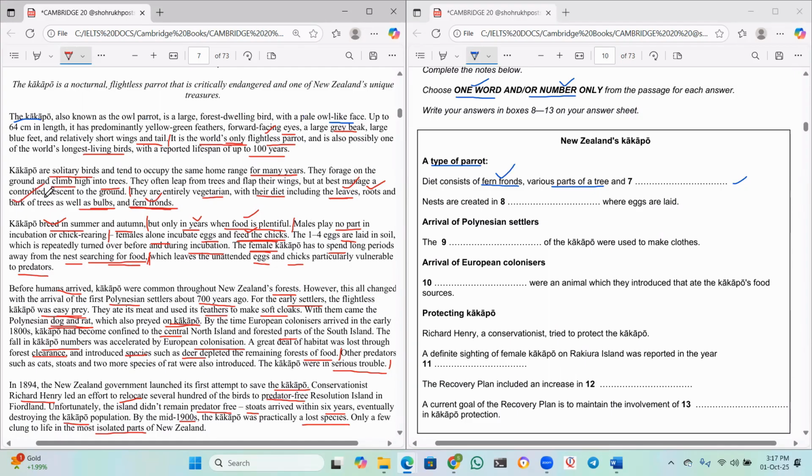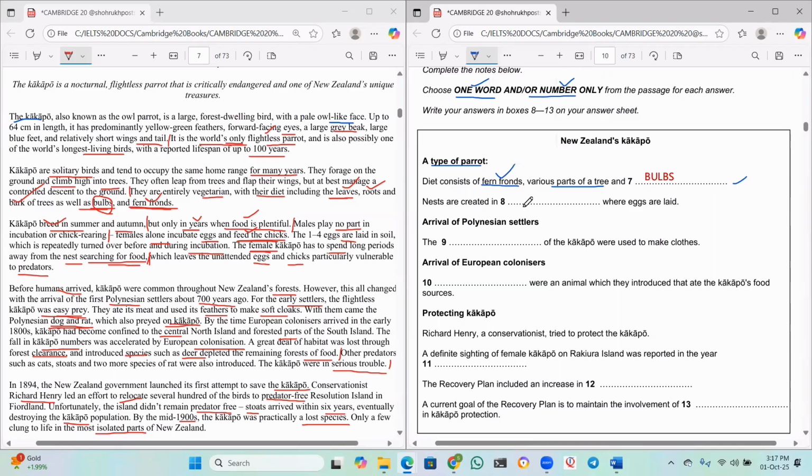So these three are various parts of a tree. Only one is left. What is that? Bulbs. As well as bulbs. So this should be our answer, guys. Bulbs.